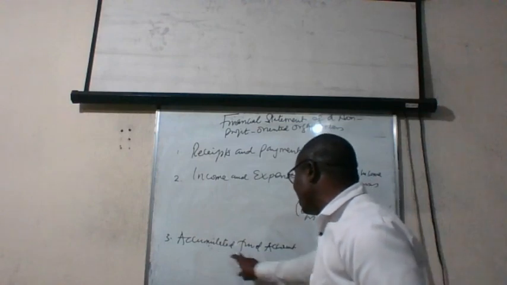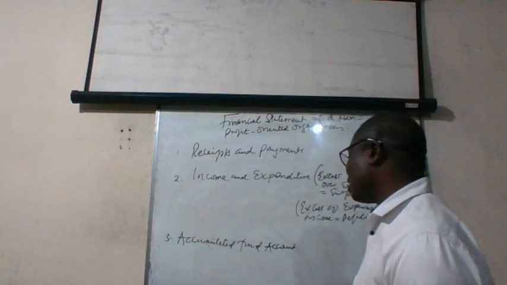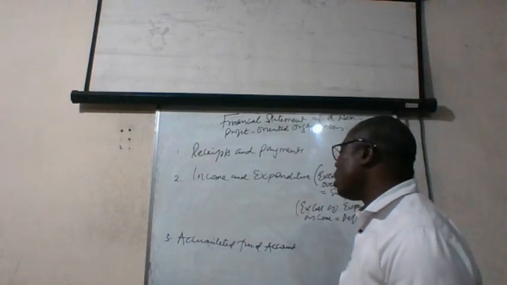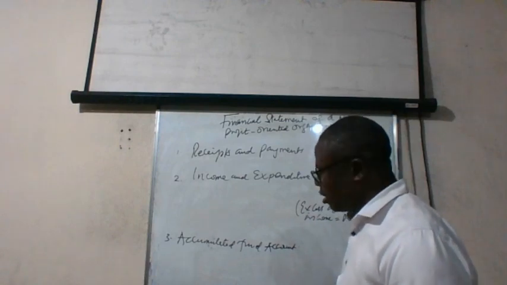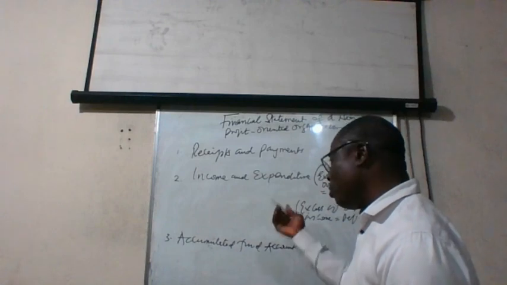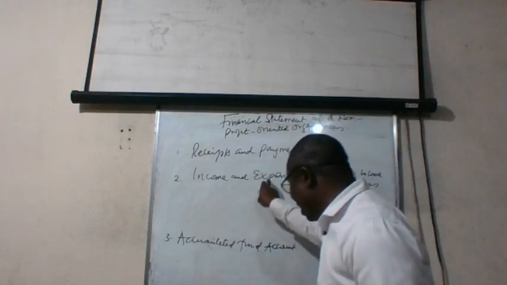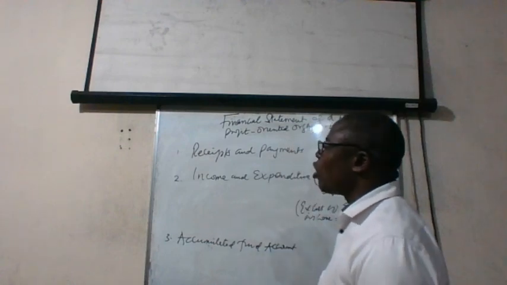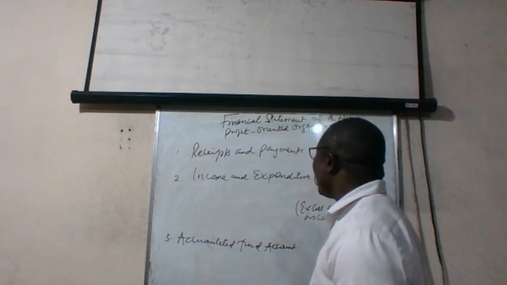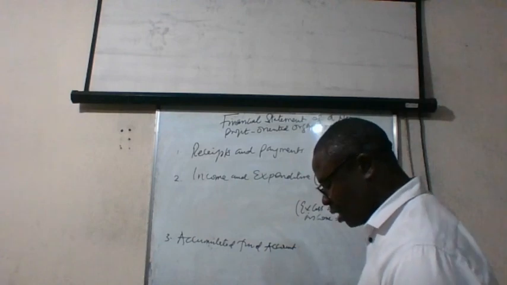So there is always the starting point, that's the capital invested, and this will be piling up, accumulated over a number of years. It could be decreased if you get a deficit in your income and expenditure; it will automatically affect your accumulated fund and reduce it. But if it is surplus, it will increase your accumulated fund.